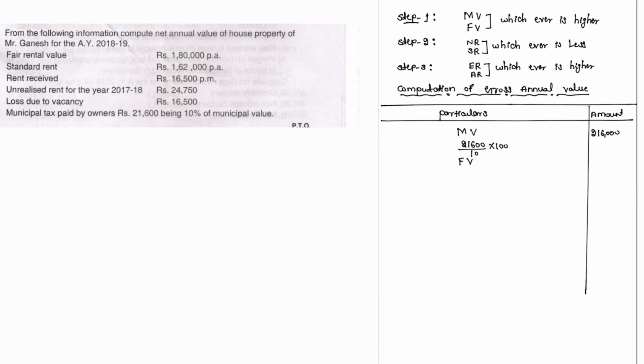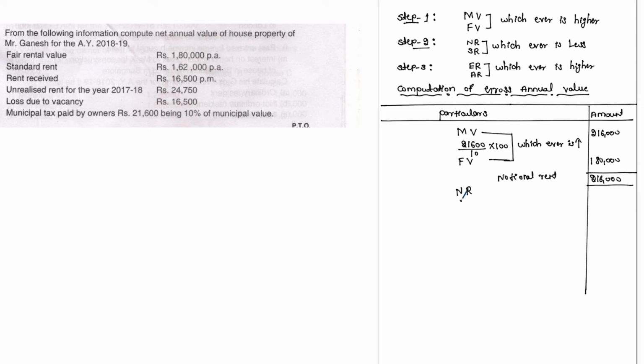Fair value given in the problem is 1,80,000. Whichever is higher. In these two amounts, the higher amount is 2,16,000. This will be the notional rent.